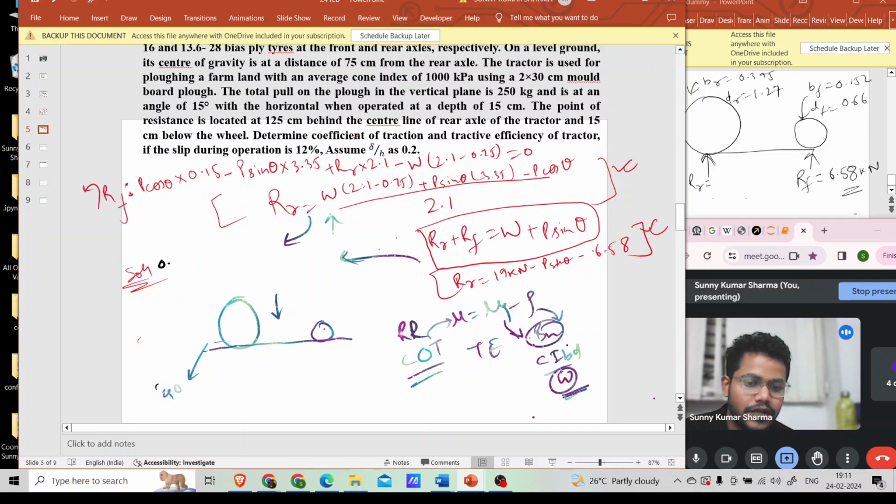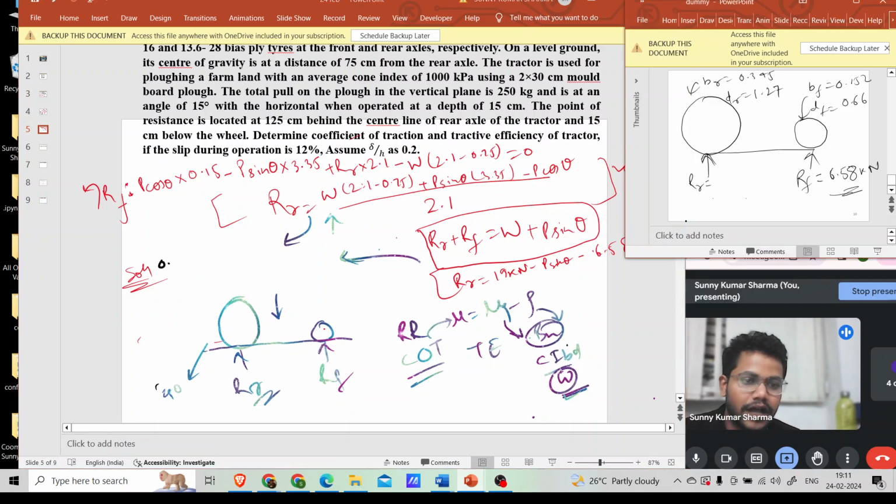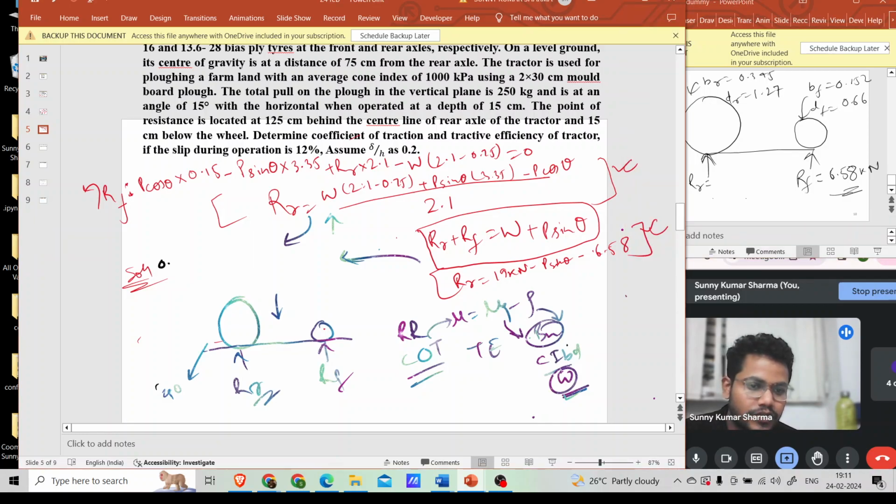For this dynamic weight, you have to know the ground reaction at the front and rear axles. For the front axle, we have calculated RF, and now we are calculating RR. RF came as 6.58. Sivaraman is doing the calculation.